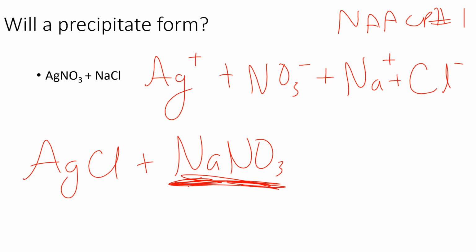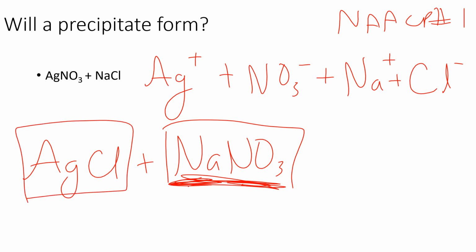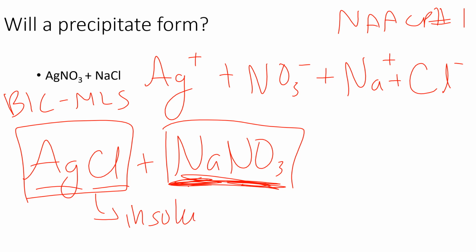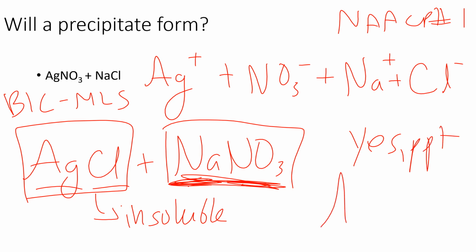This is a very soluble compound, so no precipitate will form from this particular compound. However, note that here we have to deal with another solubility rule, BIC minus MLS. We have a chloride bonded to a silver, and that's not going to be soluble. This is going to be insoluble. So yes, there will be a precipitate, and to be precise, what will precipitate out is silver chloride.